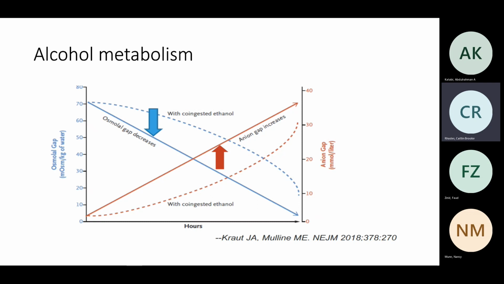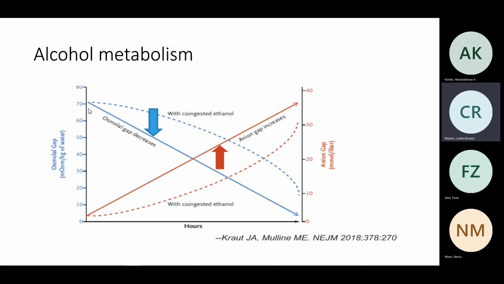This is very important. As you see here, you see the hours compared to the osmolar gap and acidosis. When they come in the first few hours, the osmolar gap is going to be high, because the alcohol, ethylene glycol, the high molecular weight molecules give you a high osmolar gap. The red line is the high anion gap metabolic acidosis, and this is the osmolar gap.